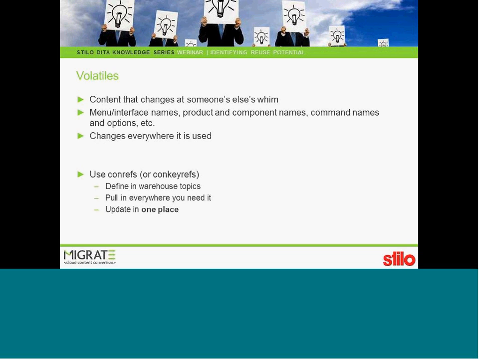It's a major hurdle for a lot of people where they don't know that they're changing something that somebody else has conrefed in. So all of a sudden another author publishes, their content has magically changed because somebody else changed their own topic that the other author had conrefed from. So it is a major hurdle, and the way to get around that, other than using a really good CCMS, is to use warehouse topics. So it's good on a number of levels.